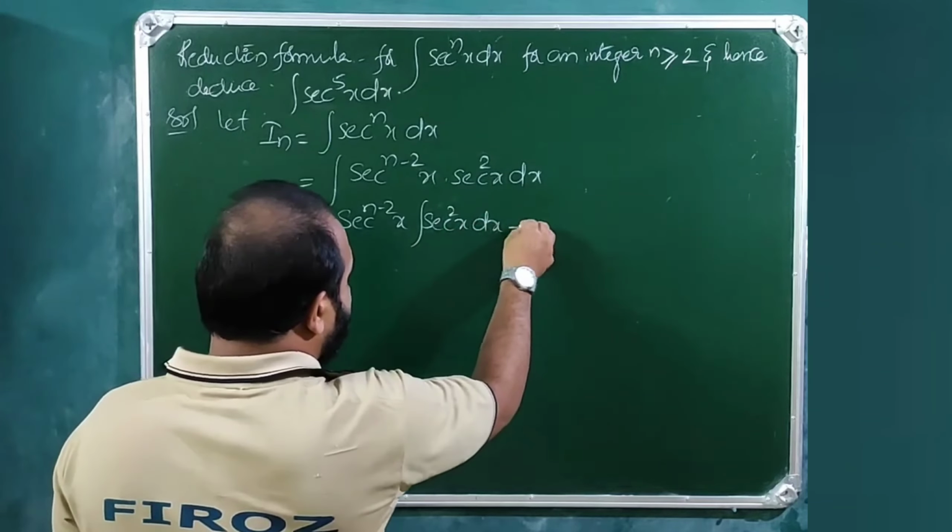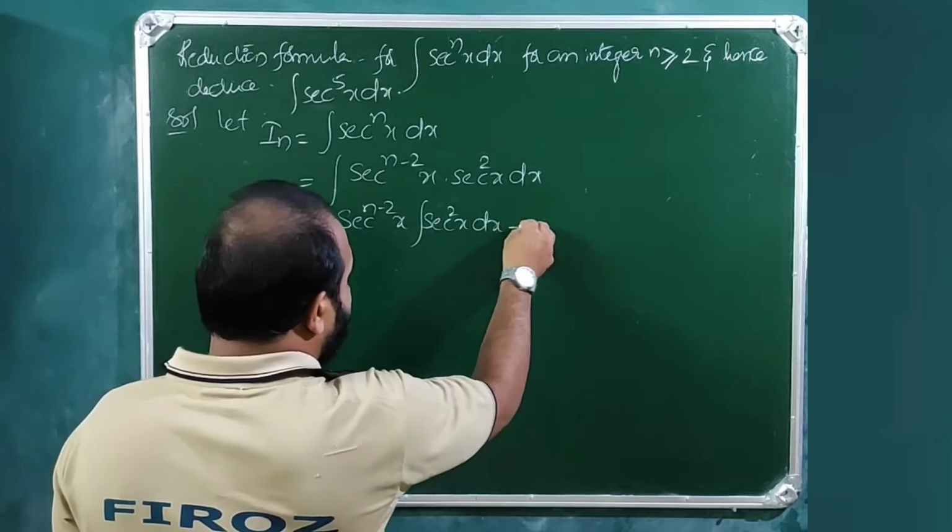So n minus 1 by m plus 1 integral of cos power n minus 2 x into sin power m x dx, plus into minus, minus n minus 1 by m plus 1 integral sin power m x into cos power n x dx.